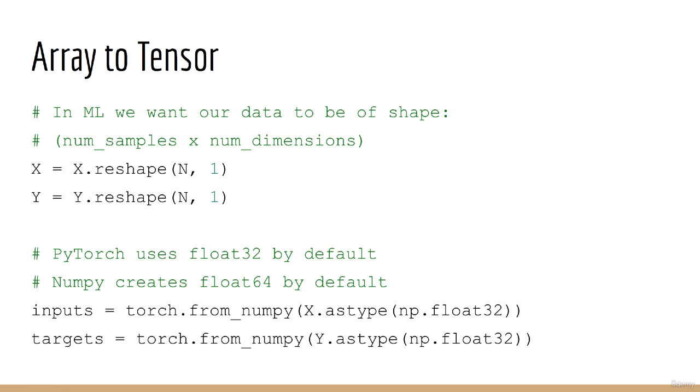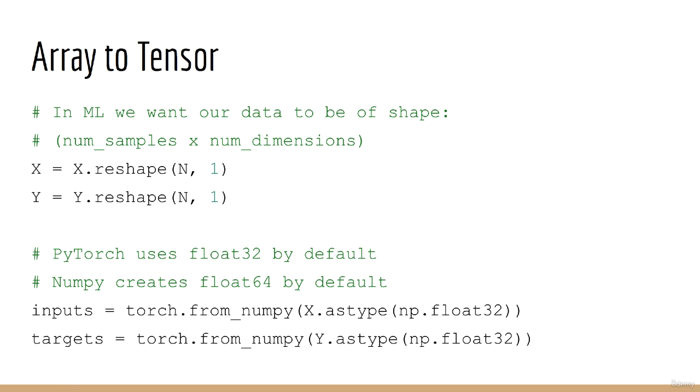First, we're going to reshape x and y to be N by 1 instead of just N. In machine learning, we typically assume that our data is two-dimensional, with the number of samples along the rows and the number of dimensions along the columns.